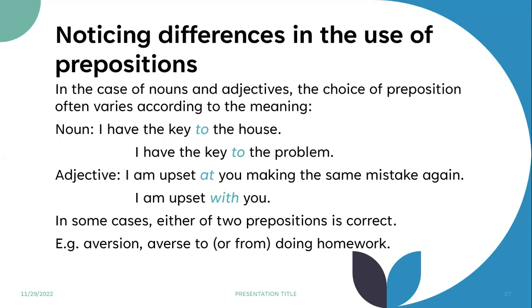In some cases, either of two prepositions is correct. Example, "averse to or from doing homework." So we have "to" and "from" being the prepositions in this verb preposition phrase.